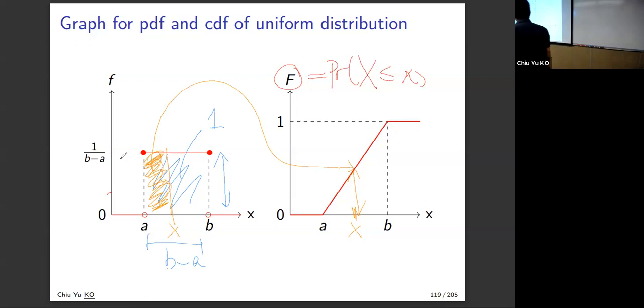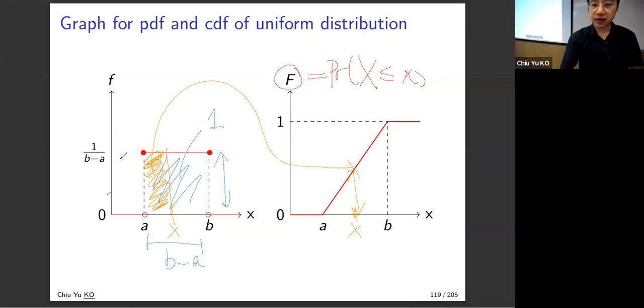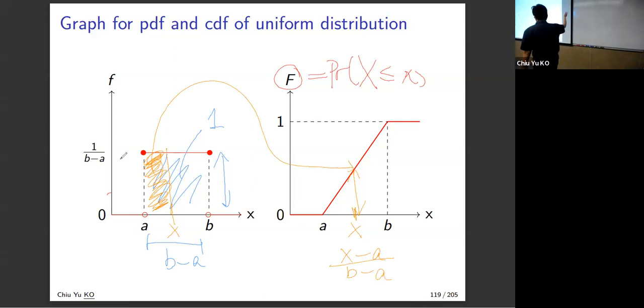How do we calculate the area of a rectangle? Remember, it is base times height. What's the height? 1 over b minus a. What is the base? x minus a. So that's why you see in the slide, this line is given by x minus a over b minus a. And why is it a line? It's easy to see.